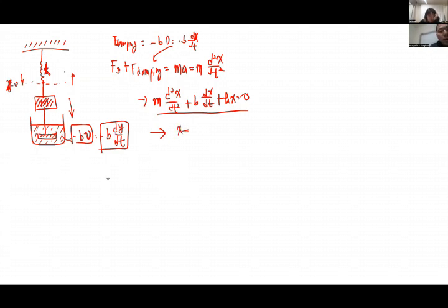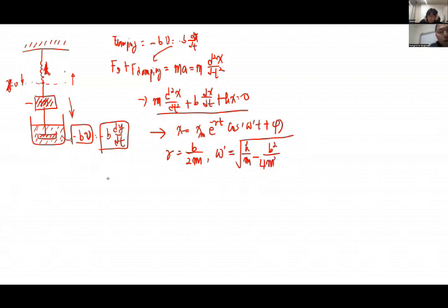So x, the amplitude of displacement of this mass m, is the maximum amplitude times the exponential function to the power of minus gamma t, times cosine of omega prime t plus phi. Here gamma is the damping factor, which is b over 2m, the viscosity constant divided by the mass, and the angular frequency of the system omega prime is the square root of k over m minus b squared over 4m squared.